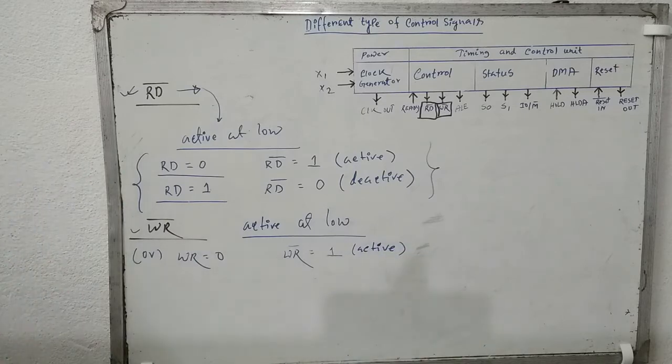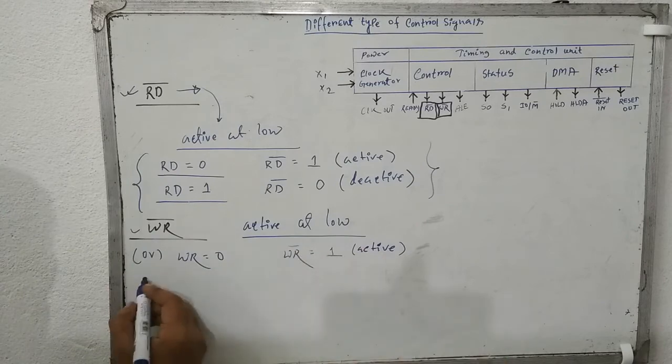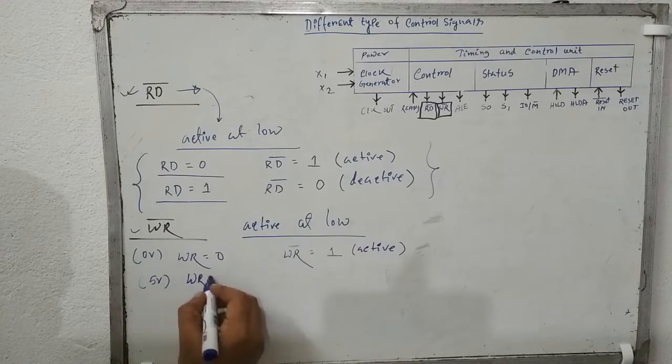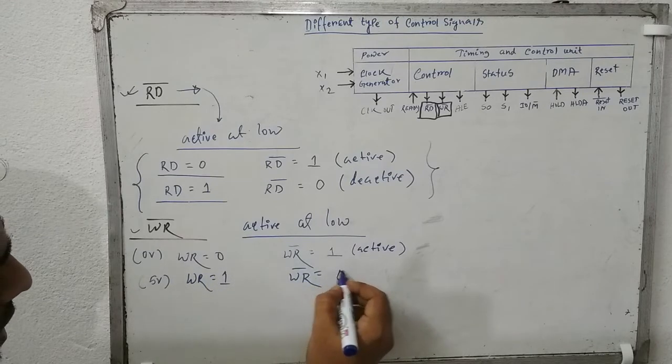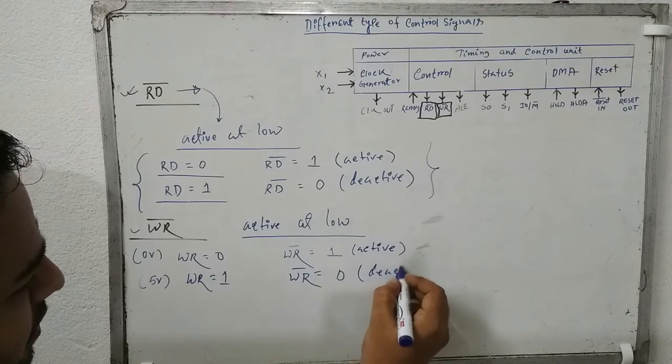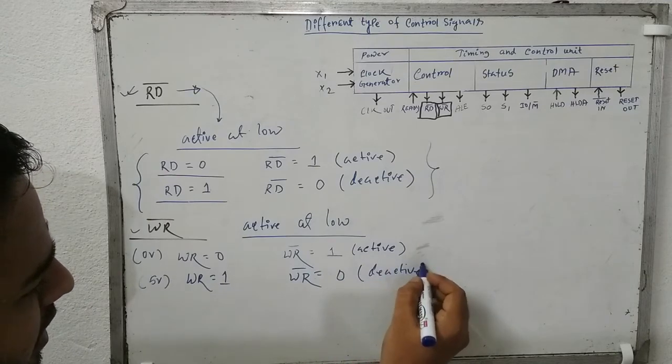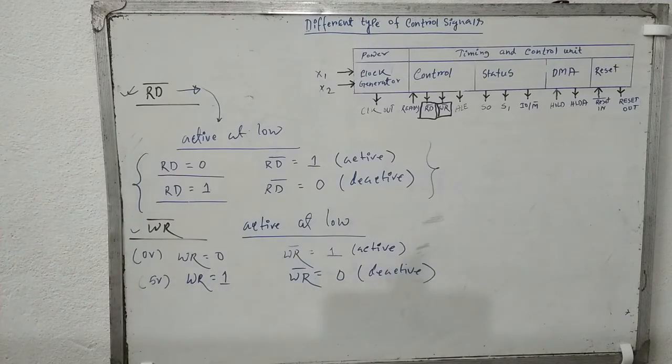The write operation is active when you provide 0 volt, and if you provide 5 volts, so write is 1, then the write operation will be deactivated. This is the same as the previous one, the read operation.